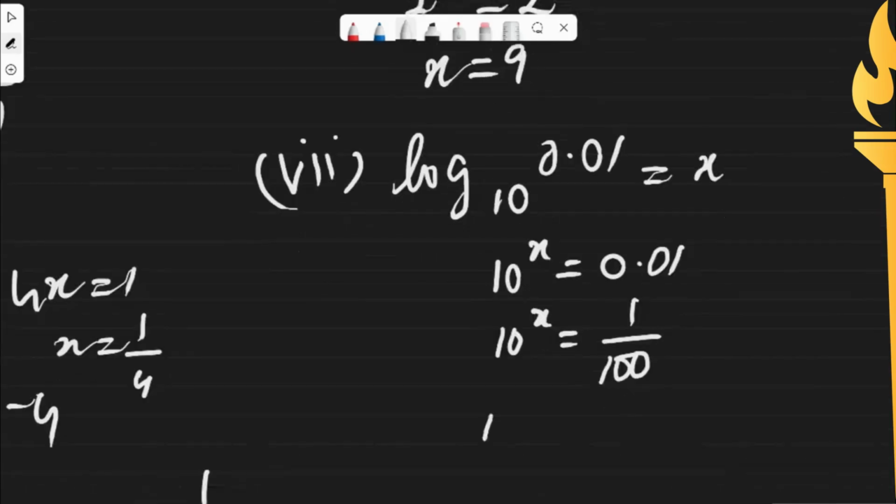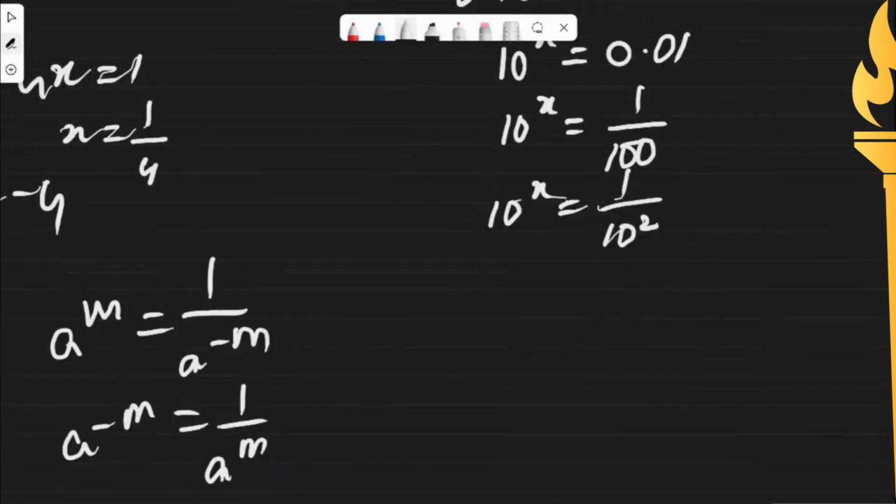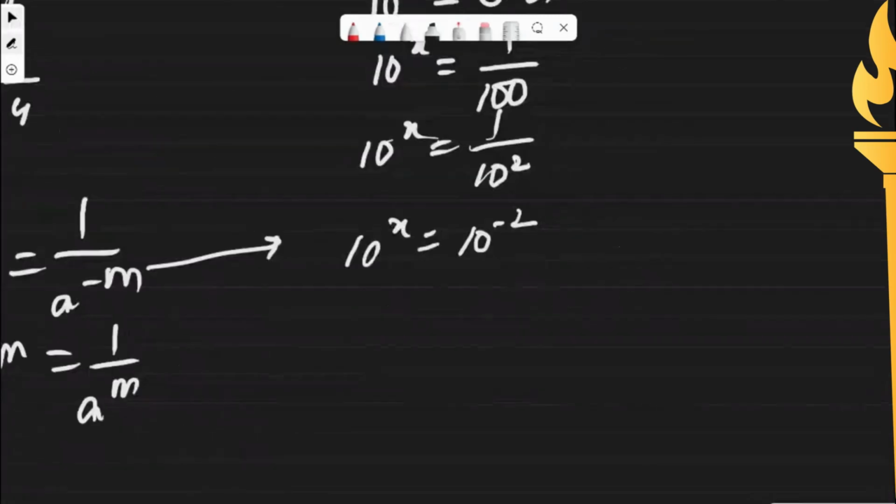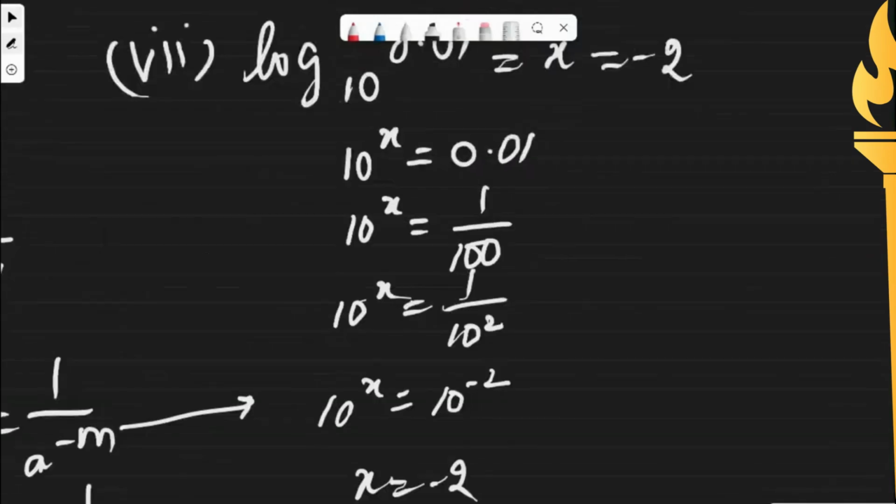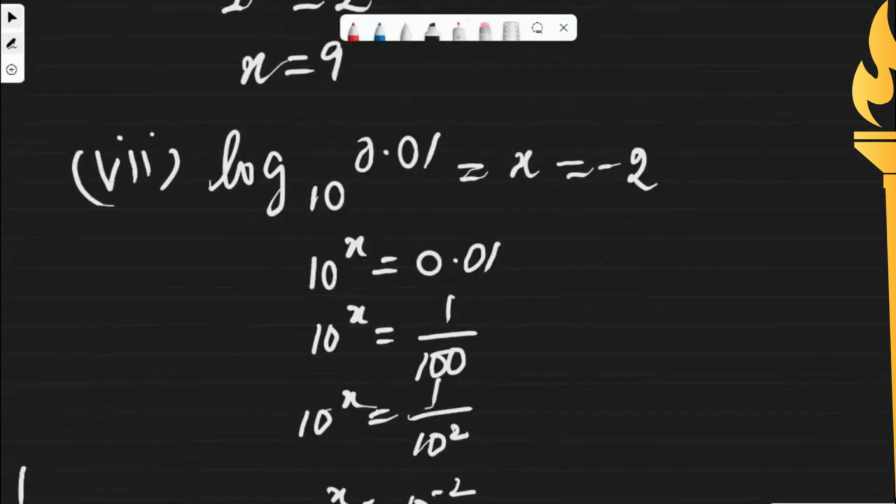And 100 is 10 square. So again a power minus m function here. 10 power x equal to 10 power minus 2. Bases are equal, equate powers. So x will be equal to minus 2. So log 0.01 base 10 will be minus 2.